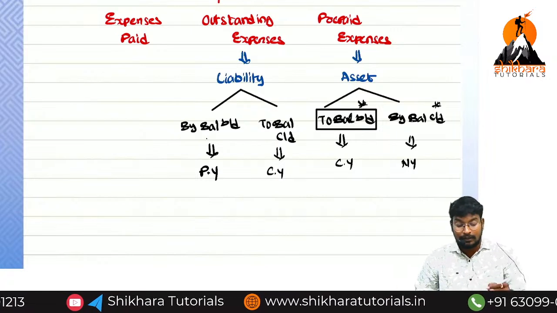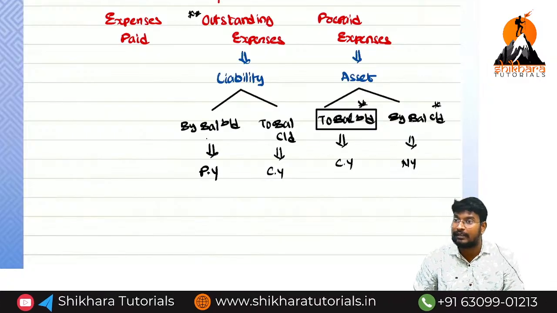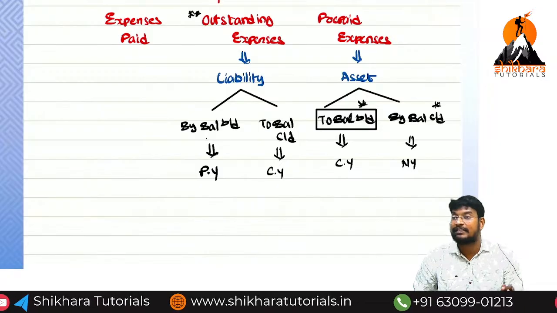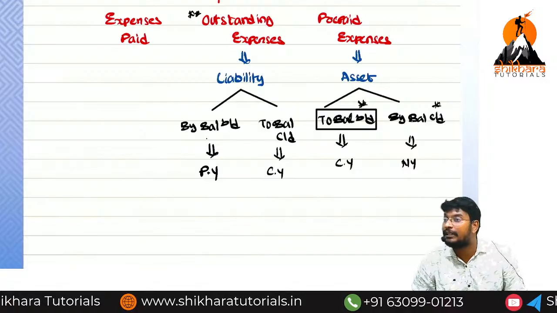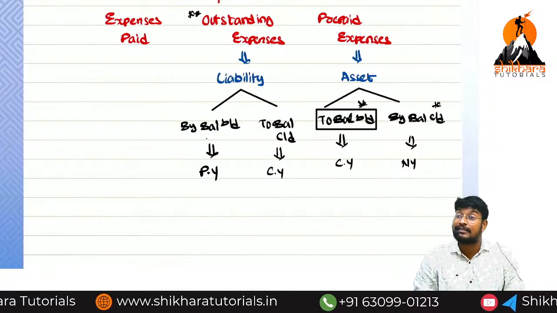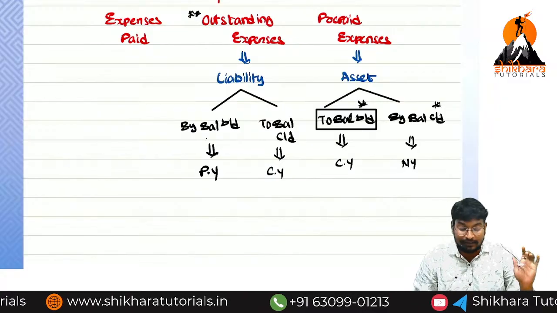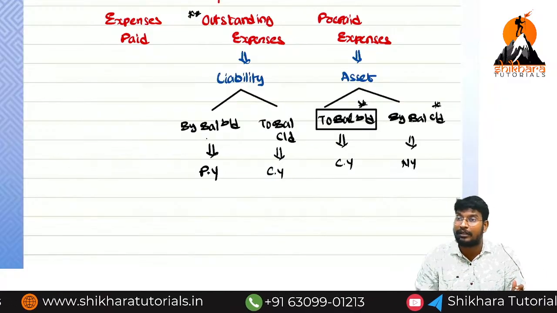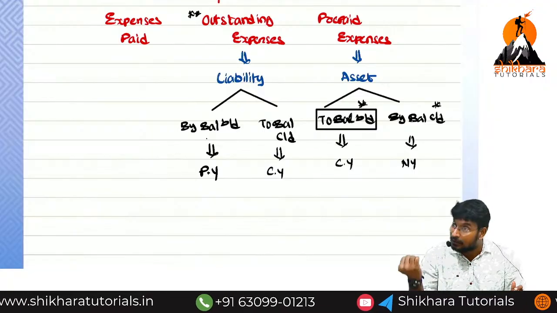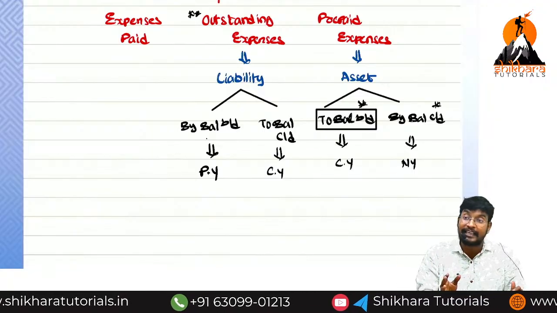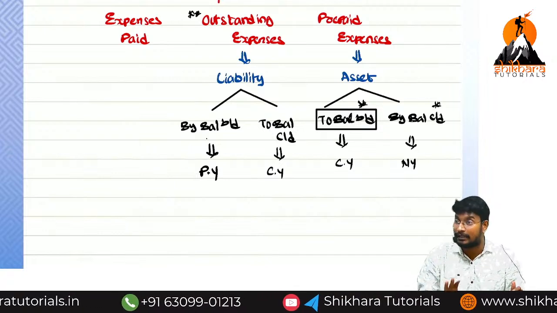If you think from the outstanding expenses point of view, what is the meaning of outstanding expenses? Expenses related to the current year, but we have not paid. What is the meaning of prepaid expenses? Expenses related to the next year, but we have paid in the current year. For outstanding expenses, opening balance means the expenses are related to the previous year, and closing balance means related to the current year.